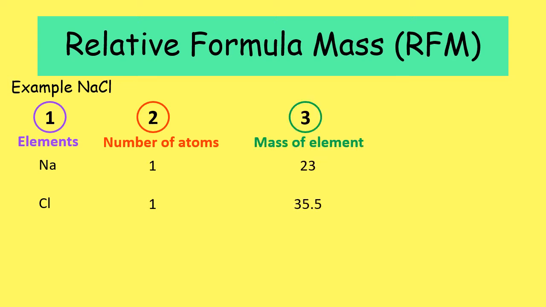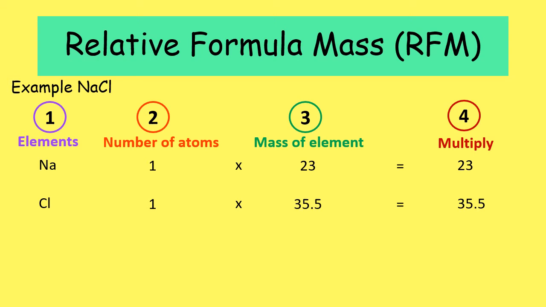Next step, what is the mass of those elements? This is the relative atomic mass, and you look these numbers up on page 7 of the data booklet. For sodium, the mass is 23. For chlorine, the mass is 35.5. Next step is to multiply. So you're multiplying the number of atoms by the mass of each one, and you treat each element separately.